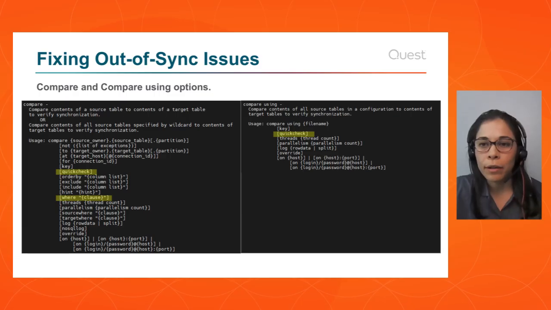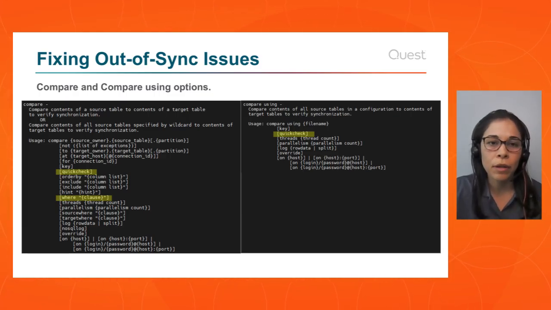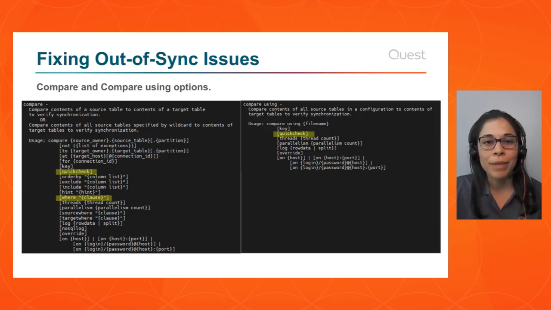So here's a quick look at the compare and compare using syntax, with all the options that are allowed for every command. The most common one, which I highlighted there, is the quick check. For example, it's going to do an initial check of the table for the compare, and determine if any rows are out of sync.